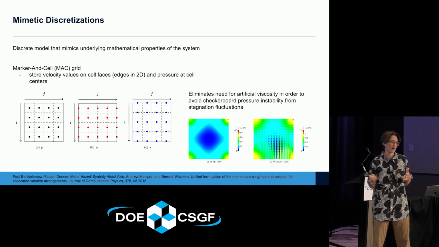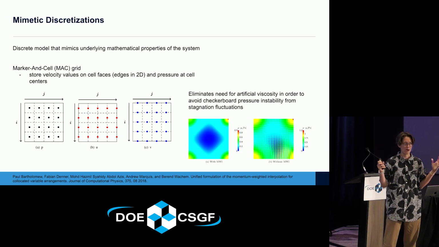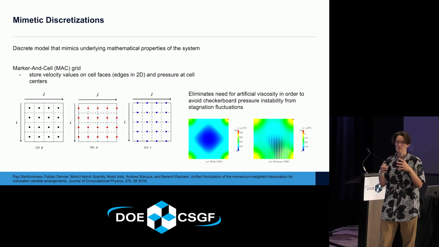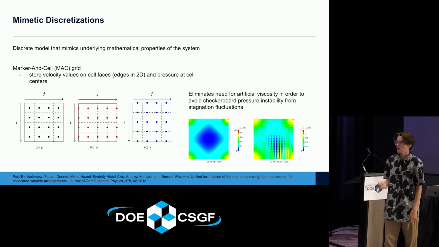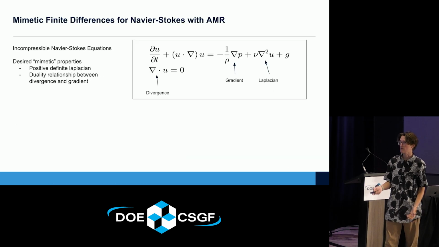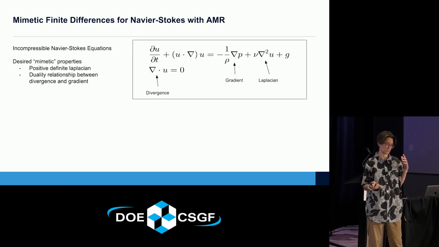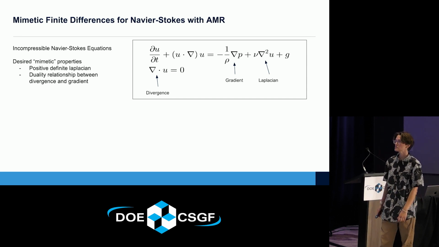So this is just one example of how when we approach it from thinking about, okay, how can we apply conservation laws to our discretization, we end up getting these naturally more stable discretizations. And so the marker and cell grid, the MAC grid, has become pretty standard in computational fluid dynamics, especially when you're dealing with finite difference and finite volume codes.